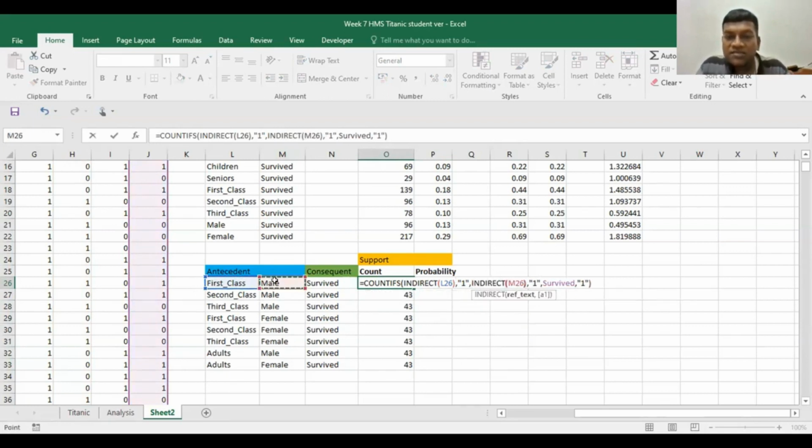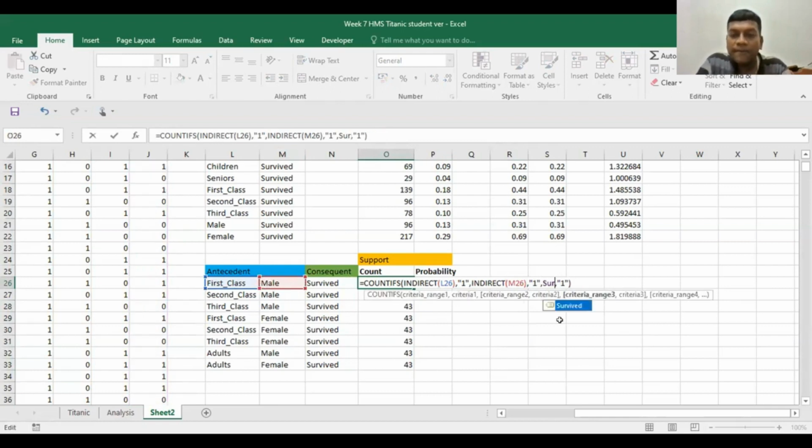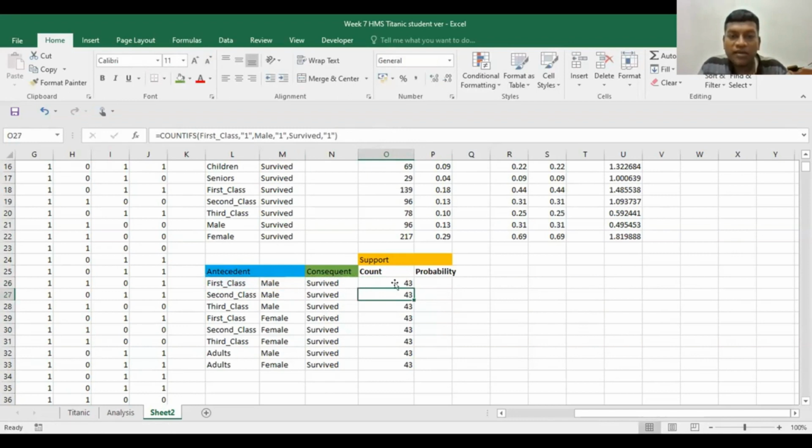Close the bracket. And for survived, I would use INDIRECT, refer to this particular cell. I have the value. Now I can drag it down.